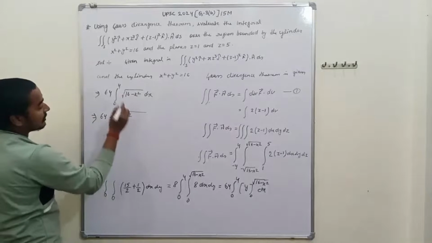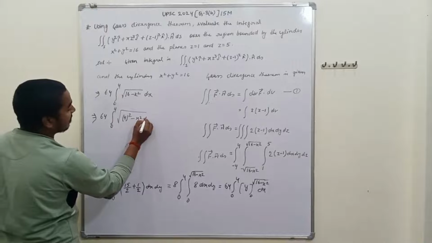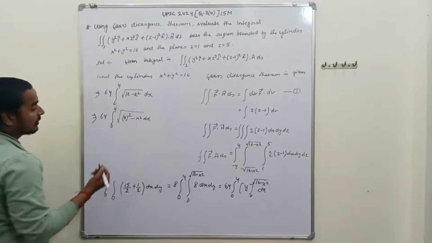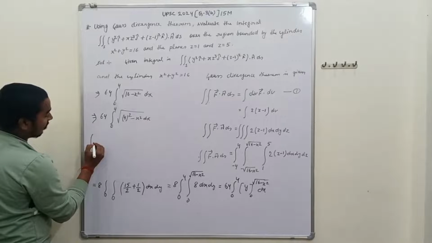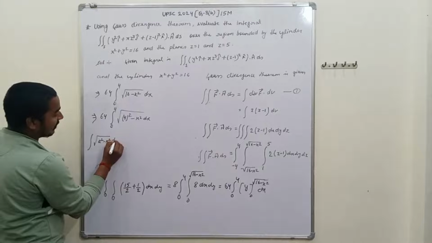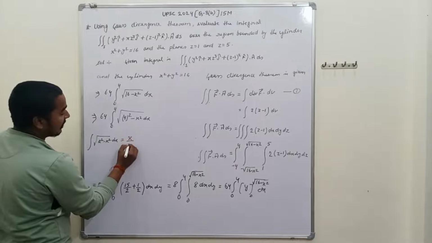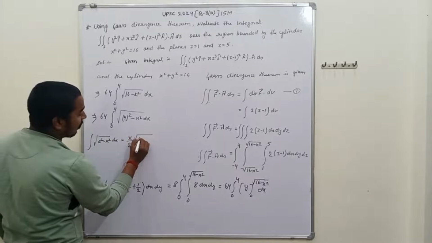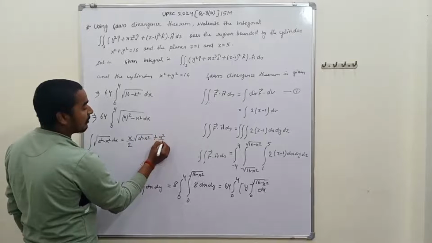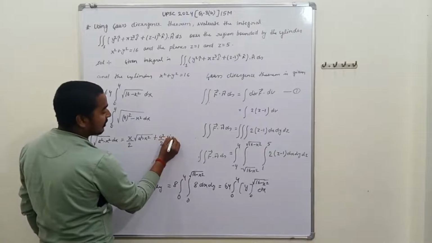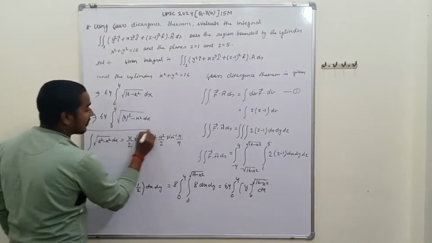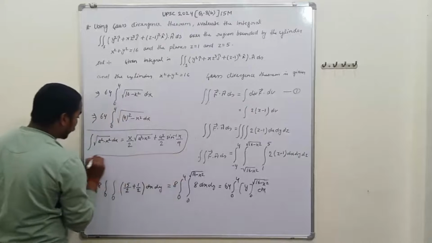We use the formula: the integral of under root of a square minus x square dx is given by x by 2 under root of a square minus x square plus a square by 2 sine inverse of x by a. We must remember these identities to solve further.